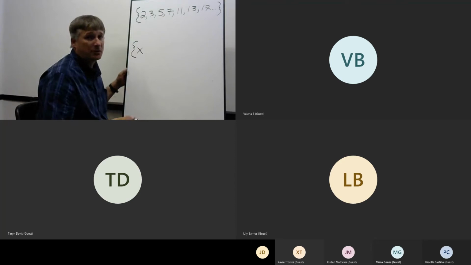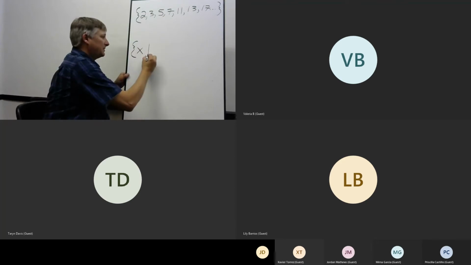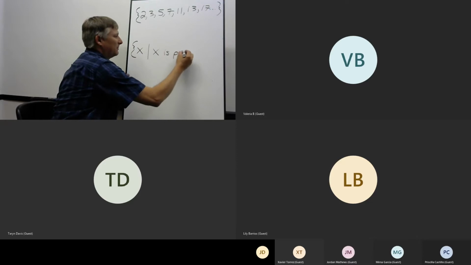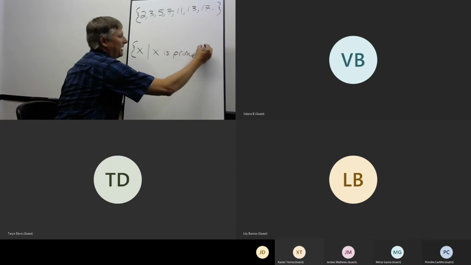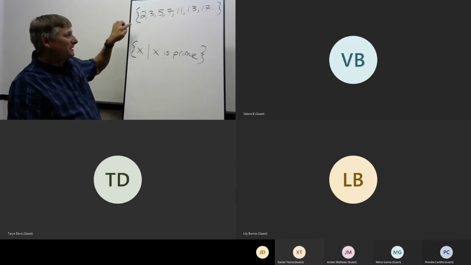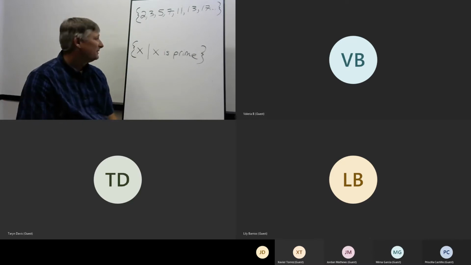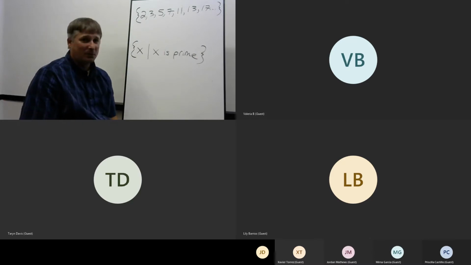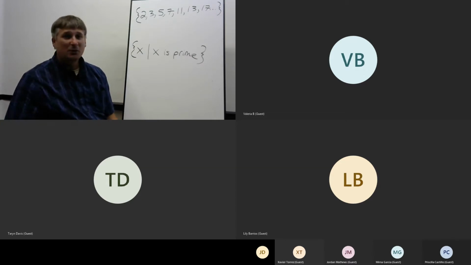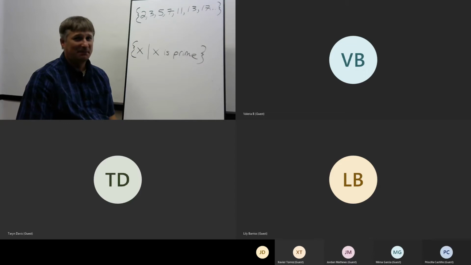Remember, x is just an unknown number, such that x is prime. Ooh, now set builder comes out a little bit easier than that. So that's the idea of set builder notation versus roster notation. Any questions about that?